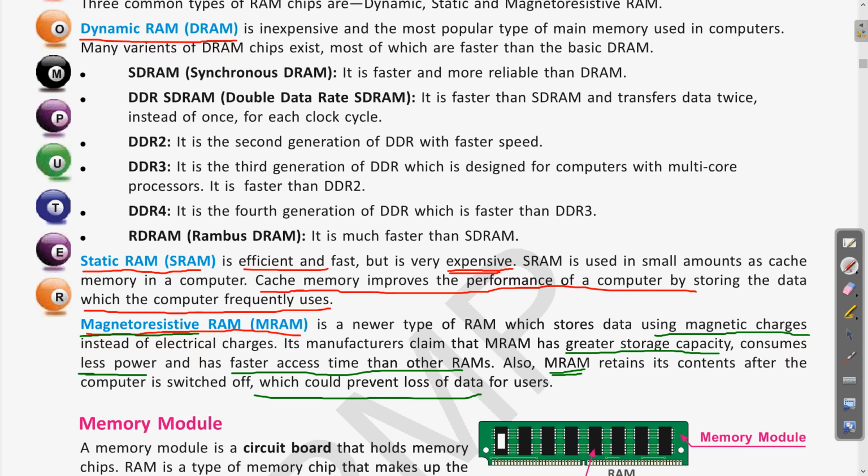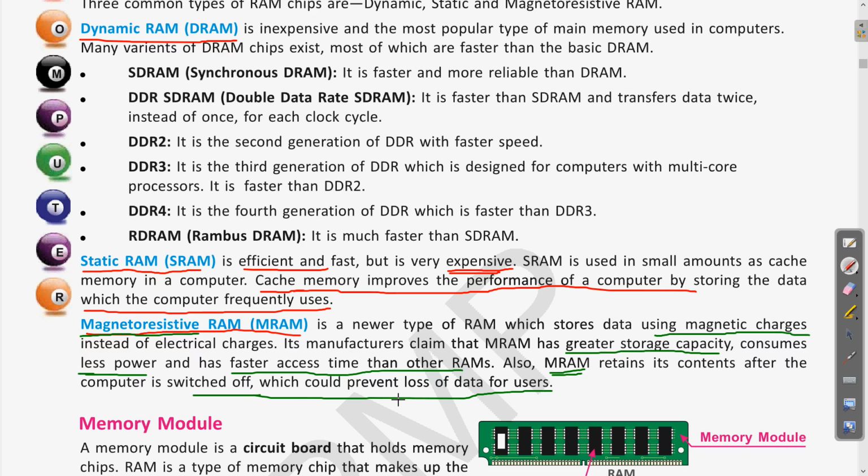So if I give you an example of where the MRAM can be used: nowadays the expensive laptops, if we are watching any movie or working on anything, and suddenly the battery has been consumed, and at random the laptop gets switched off.